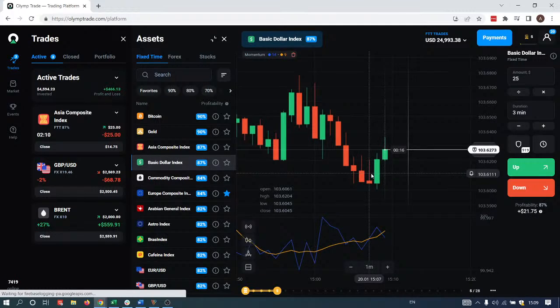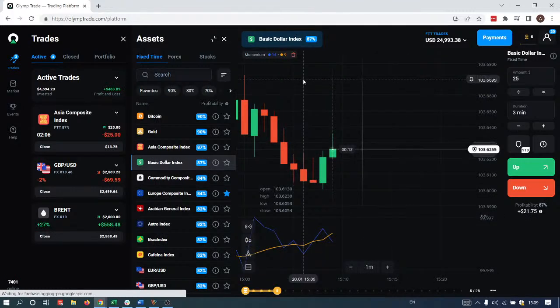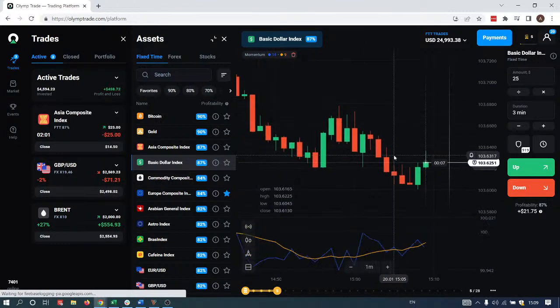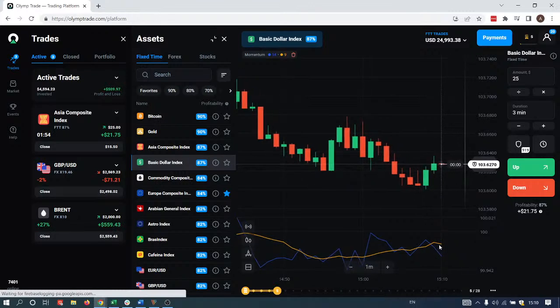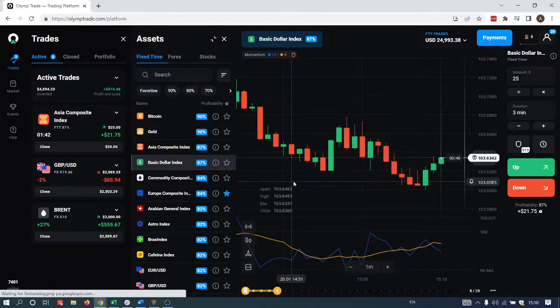Now let me draw some of your attention here to basic dollar index, and this is another example where you really wouldn't want to open a trade despite having a signal here, and let me tell you why. Ideally you don't want to have such crossings happening too often, because here we can see that in the last 20 minutes these lines crossed like 15 times.